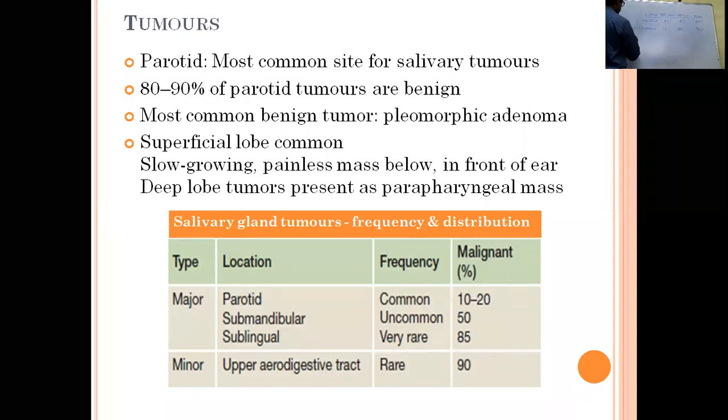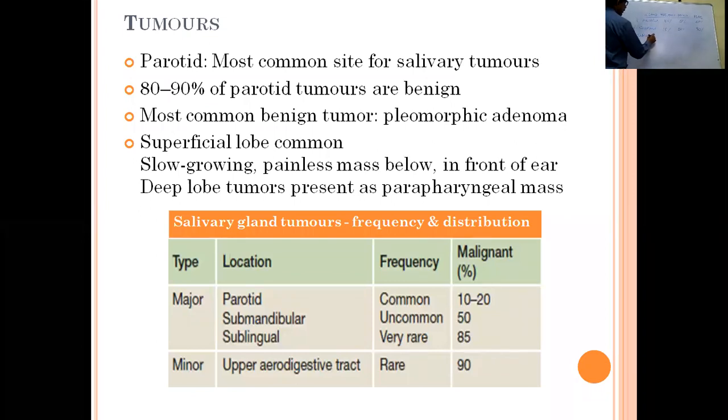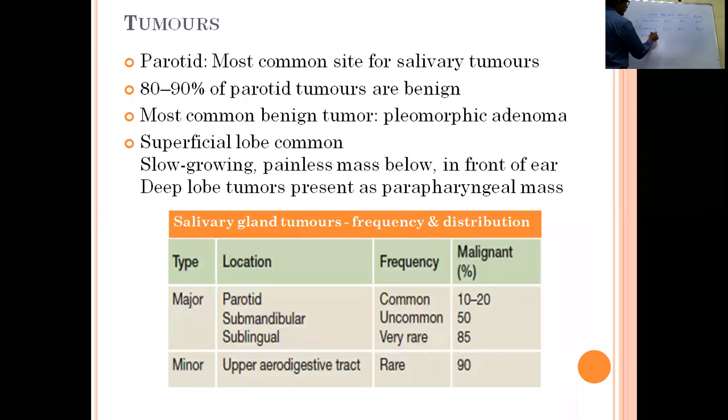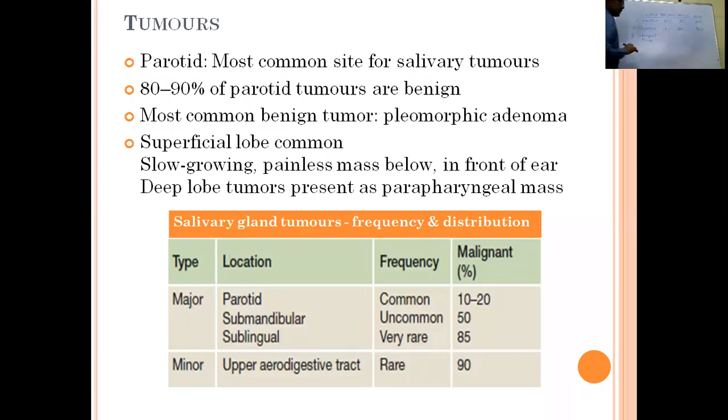Then you have the sublingual and minor salivary glands. Only 5% of salivary tumors are seen in minor salivary glands and sublingual.